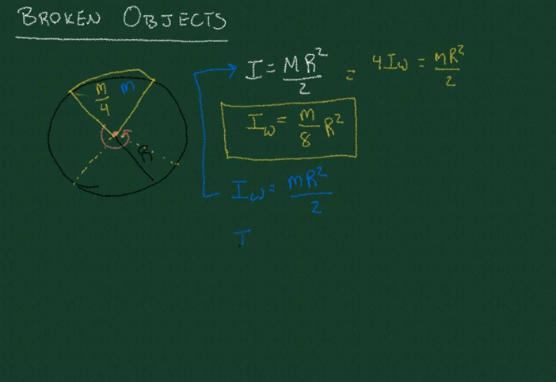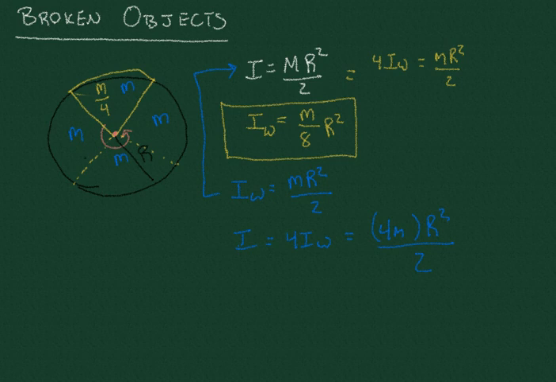If I say the new moment of inertia now is 4 times I wedge, then this is equal to 4m times r squared over 2. But again, this makes sense because that means if this had a mass of m, then the 3 missing pieces also had masses of m.